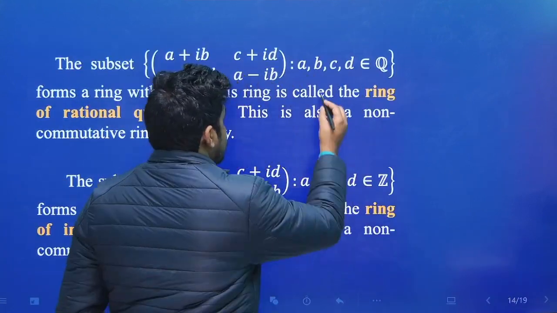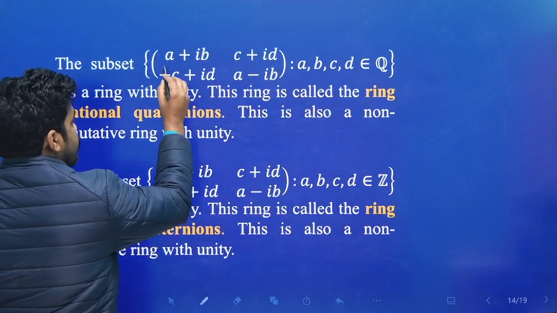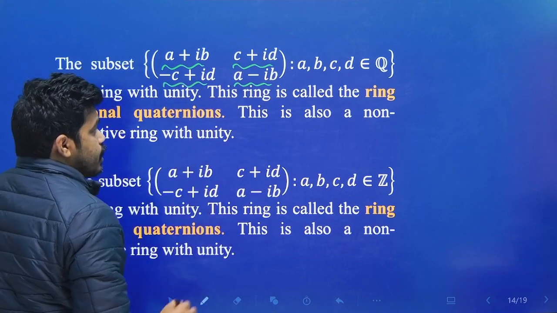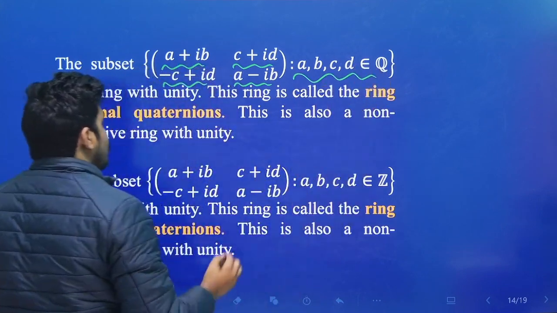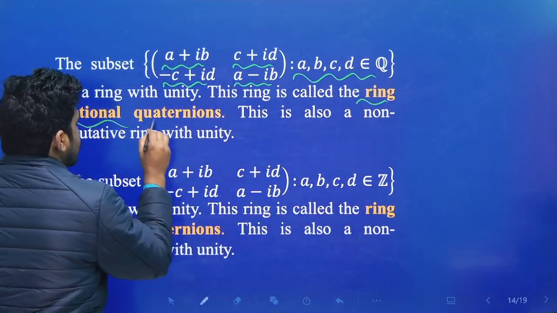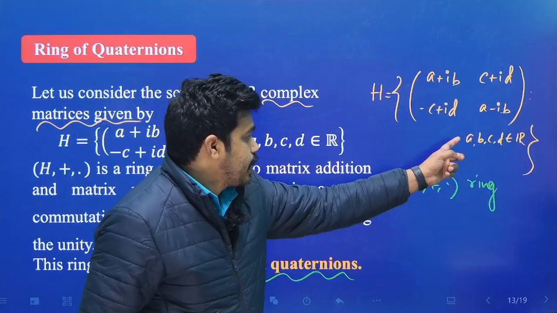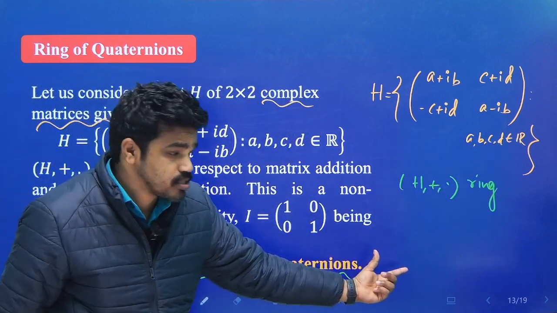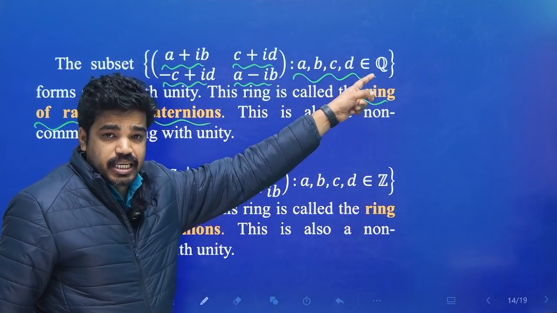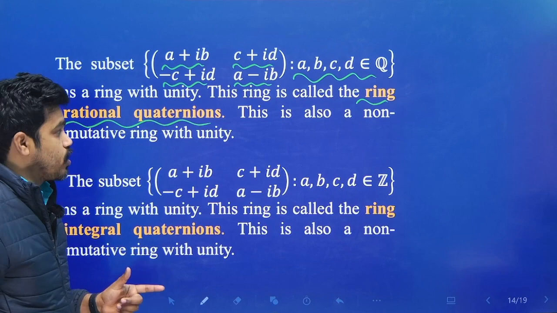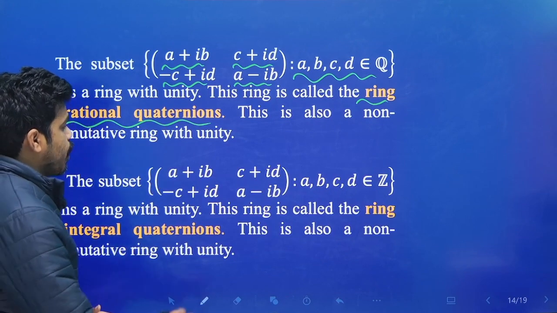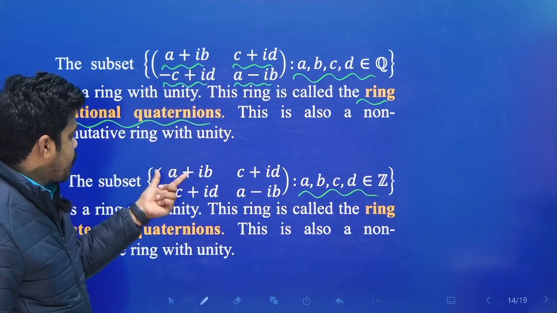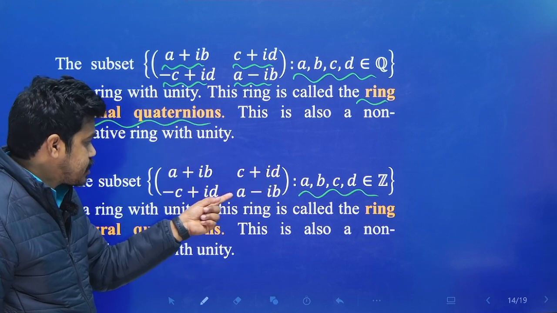In the same way, if the matrix structure is the same, a plus ib, its conjugate a minus ib, c plus id, and here minus c plus id, just if a, b, c, d are rational numbers then we call it ring of rational quaternions. Previously a, b, c, d belong to R, that is a, b, c, d are real, so that's why we say ring of real quaternions. If a, b, c, d are rational, then we say ring of rational quaternions. In exactly the same way, if a, b, c, d are integers, right, the matrix formula is the same, a plus ib, c plus id, minus c plus id, a minus ib.